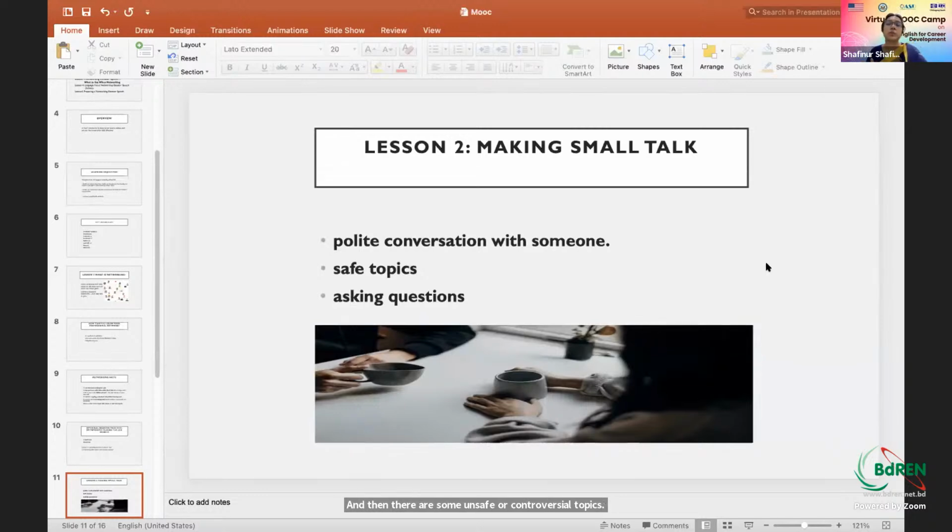You shouldn't talk about political ideology or religion. These are considered controversial issues. Maybe someone won't like to talk about this. They may not like to reveal their ideas about those things. So they may stop talking in the beginning. So if you really want to continue the talk, then it's better to start with some safe topics.